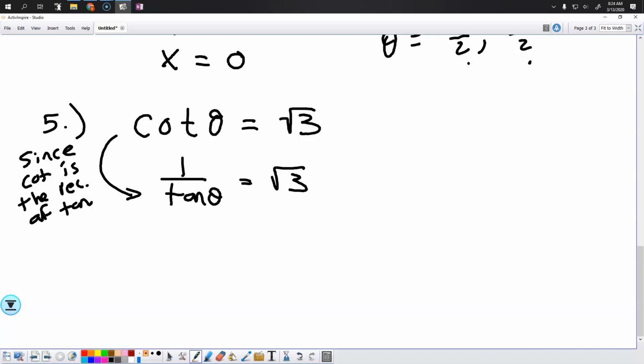Okay? It's substitution. Here's another way to think about it. Cotangent equals 1 over tangent theta, right? Because cotangent is the reciprocal of tangent. So I can replace cotangent with the reciprocal of tangent. Does that make sense? Okay.